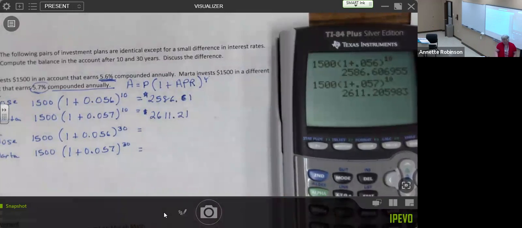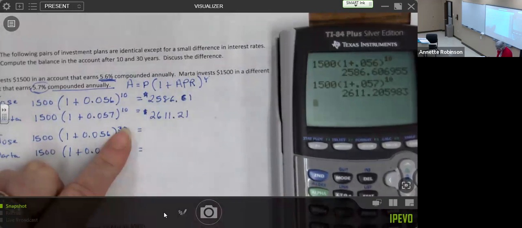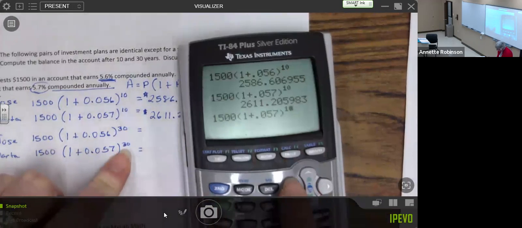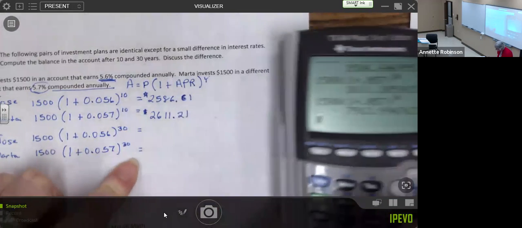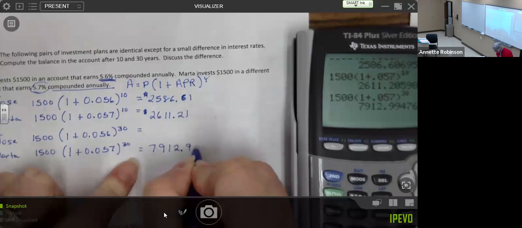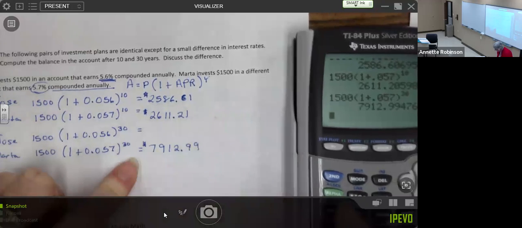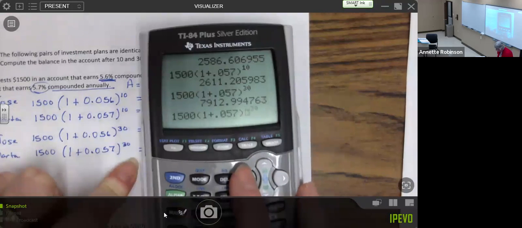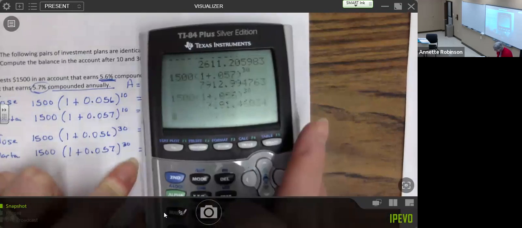Now, again, I want to skip this one of Jose's because I've got Marta's already. If I hit second and enter, I can just simply change the 10 to 30 and do hers. And then I can hit second and enter, change the 7 to a 6, because I already got the 30 in, to get Jose's.